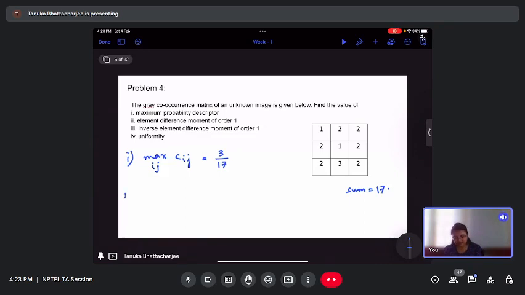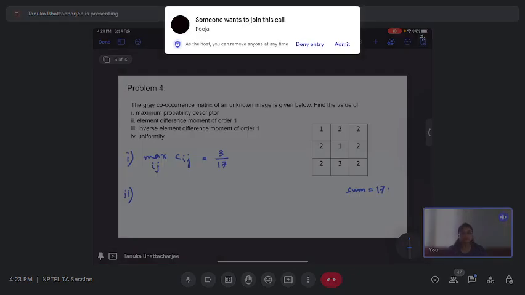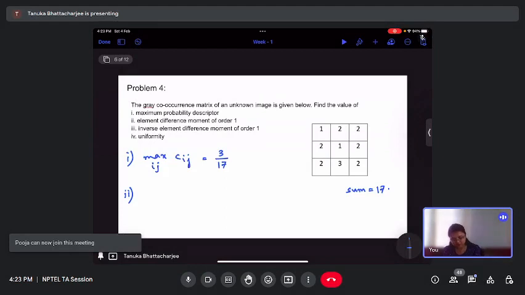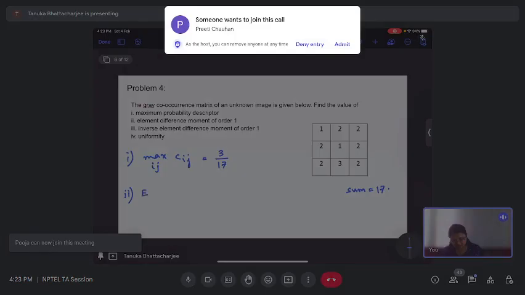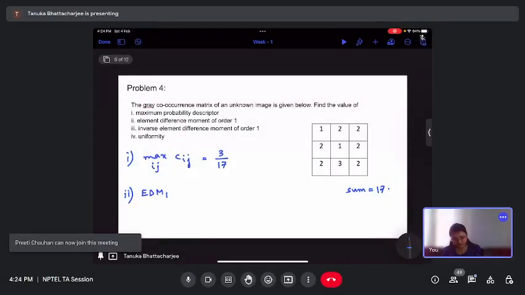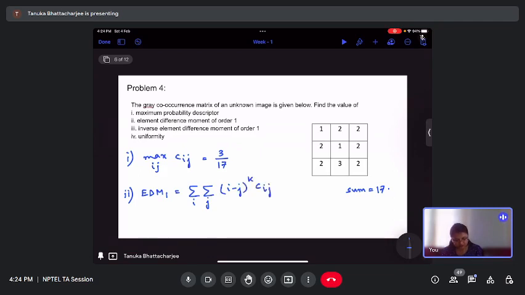Now, the second feature that we can compute is the element difference moment of order 1. The formula for this feature, I am writing it as EDM1, is equal to summation over all i, summation over all j, (i minus j) to the power k into Cij, where you put k equal to 1 for order 1.